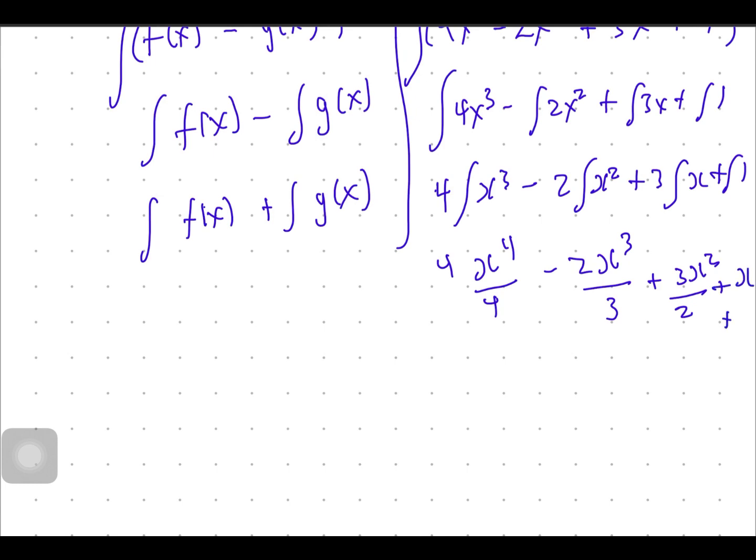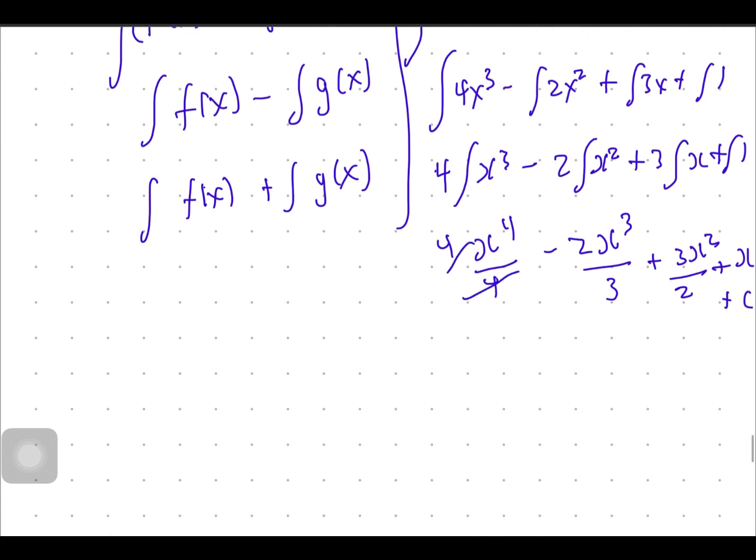And then don't forget the plus c. So here we get x power 4 minus 2 over 3 x power 3 plus 3 over 2 x power 2 plus x plus c.